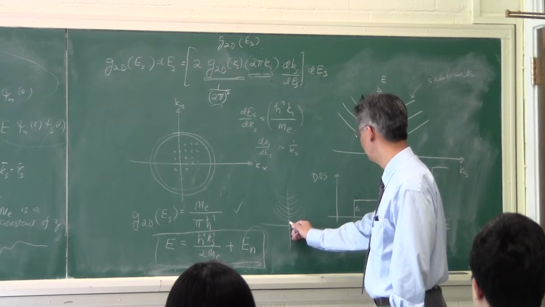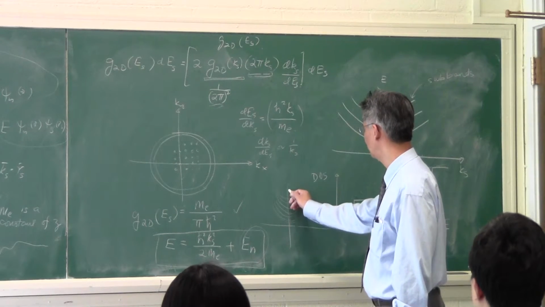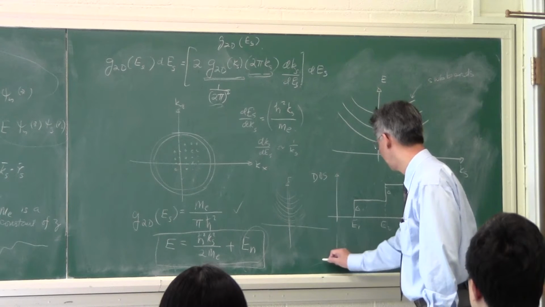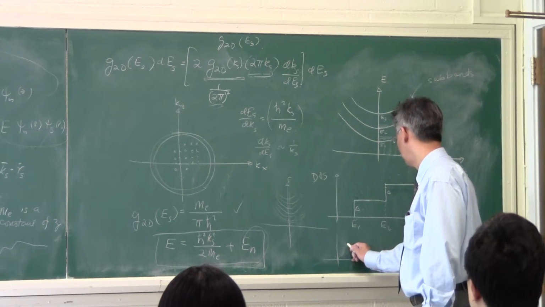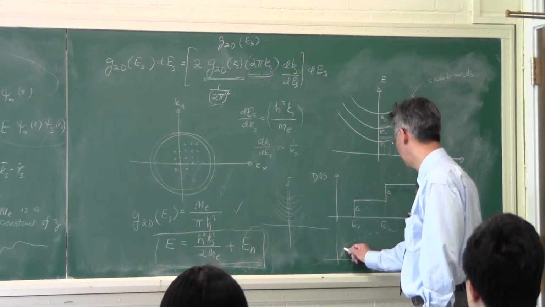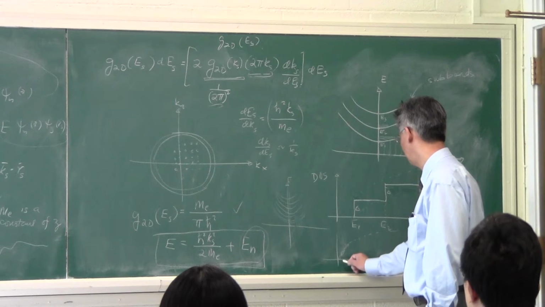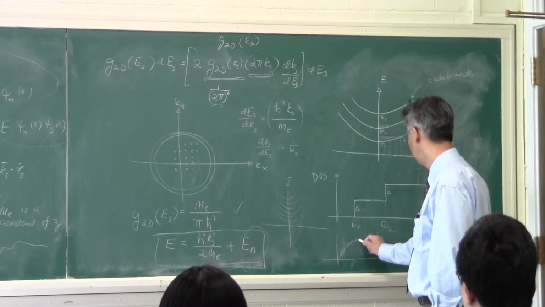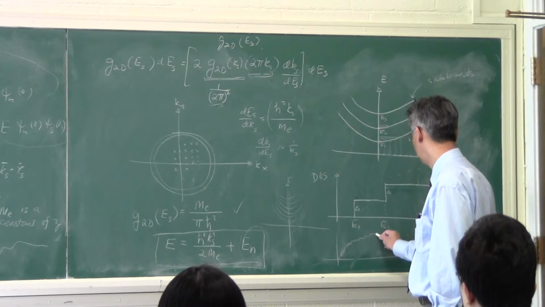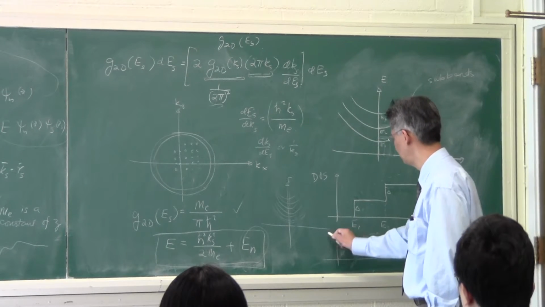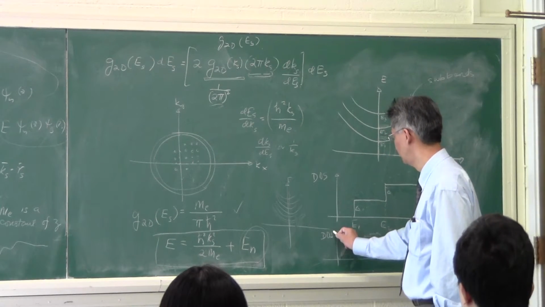So if you march now and look at the density of states as a function of E, this diagram would change. It will actually look something like this. It will jump very quickly because you have a lot more subbands now. It actually follows the curve, the density of states of a bulk material.